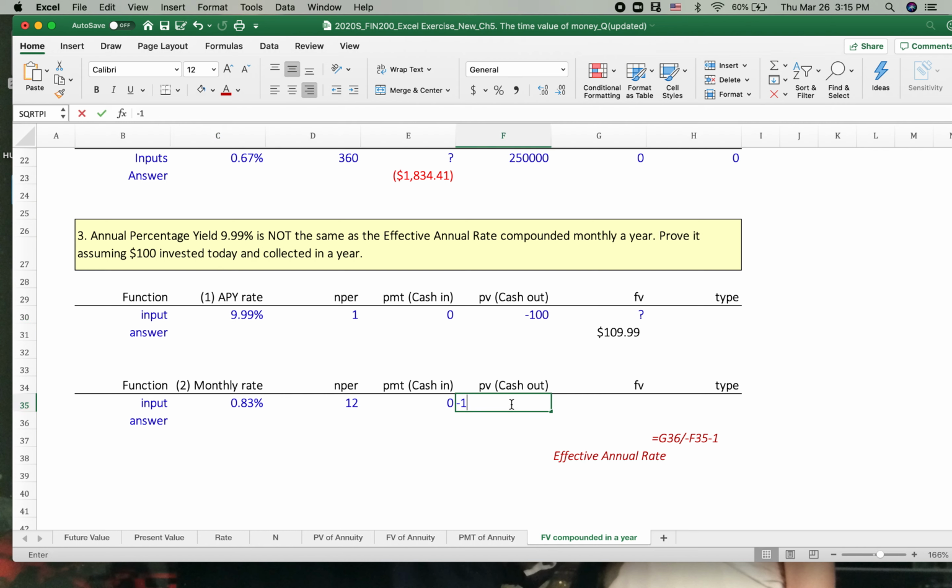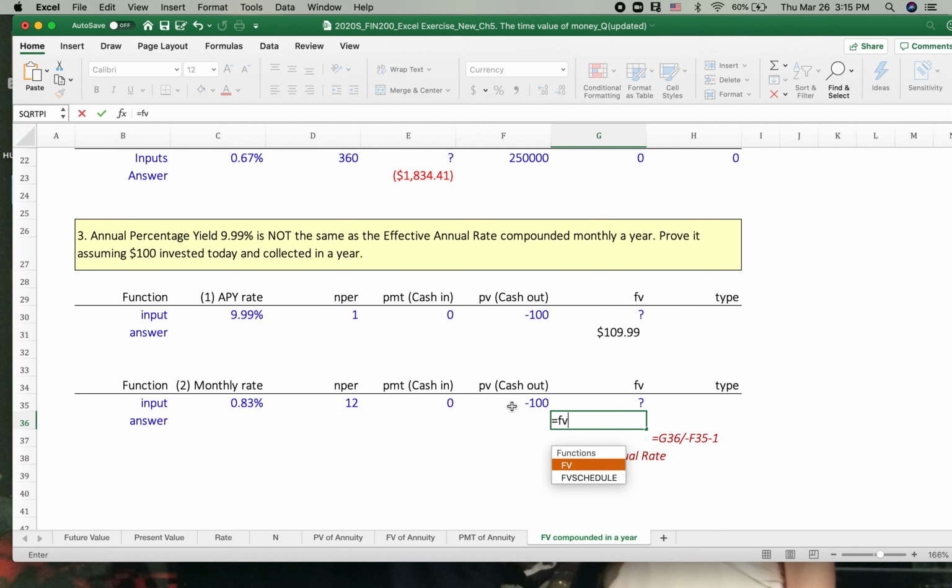And the payment is $100, and the future value is what you want to know. Comma, comma, comma. Then we got $110.4604.